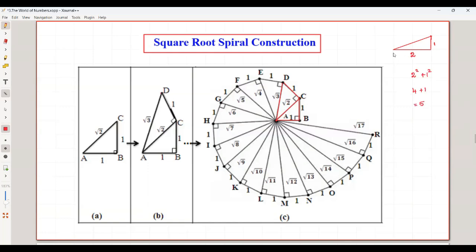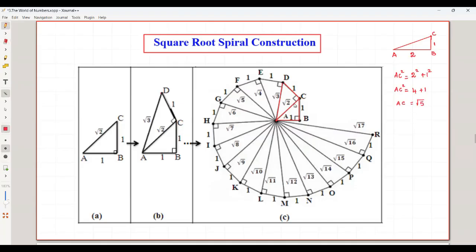Actually if I take this as A, B, C, apply the Pythagoras theorem. AC square should be equal to 2 square plus 1 square. So AC square is equal to 4 plus 1. Now AC alone, I have to take the square root. AC is equal to square root of 5.